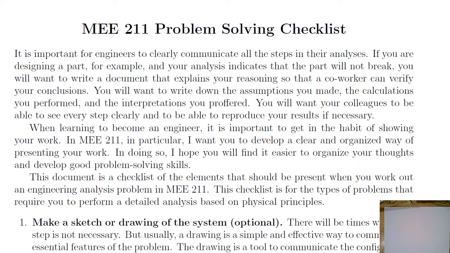One is to help you communicate your problem-solving process clearly so that you or I or one of your classmates can understand what you're thinking and how you're solving this problem more clearly. But also, it's hopefully here to help you think through the problem more clearly, to understand how different types of problems are structured, and gives you a pathway to solve these sorts of problems.